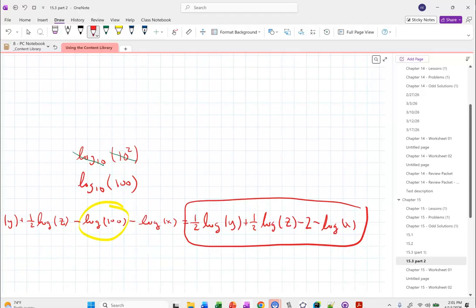There's our final answer. That's going to be by and large the most complicated this kind of problem can get.